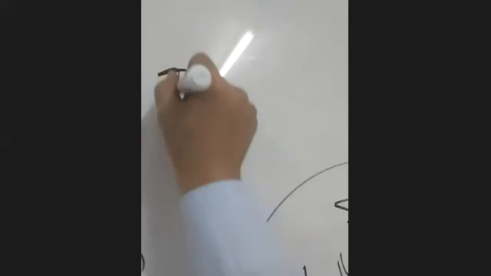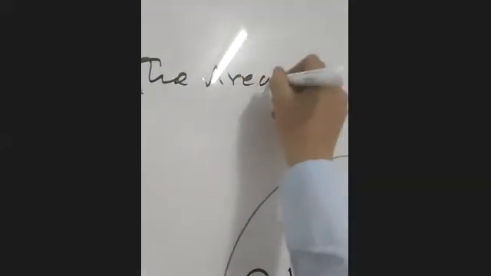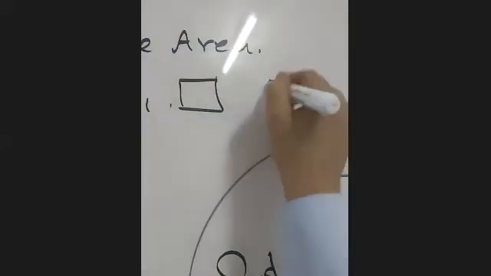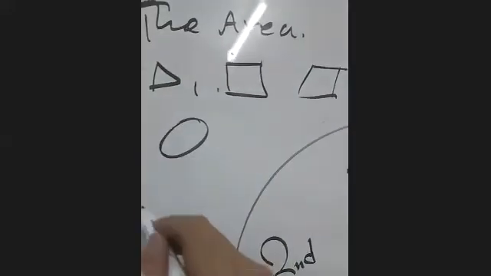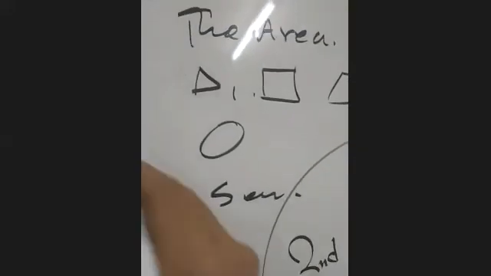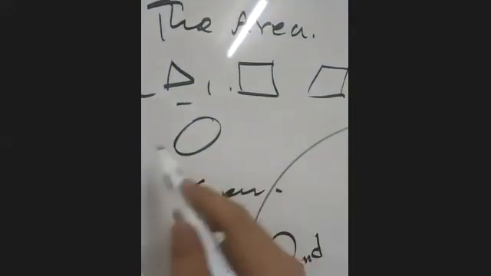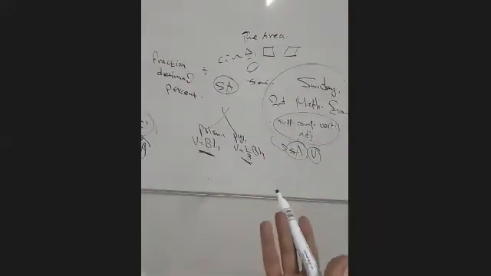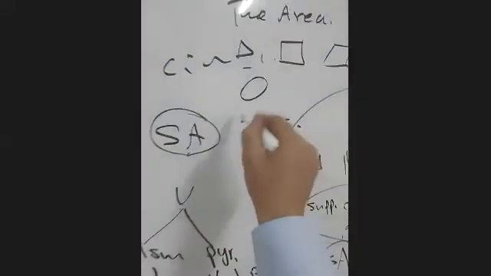And don't forget, guys, the area. We gave formulas for the area of a triangle, rectangle, parallelogram, circle, semicircle, circumference. We did a lot. Trapezoid. We did a lot of areas. Memorize the formulas. I will ask you about them.